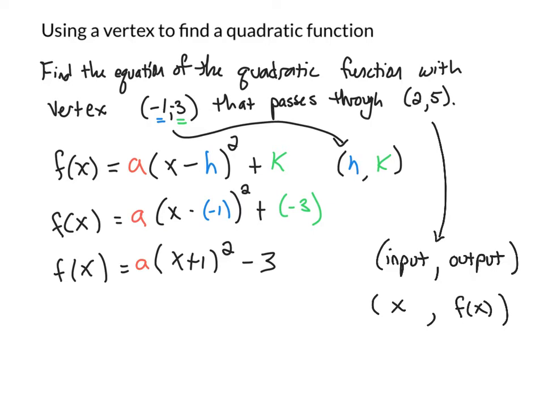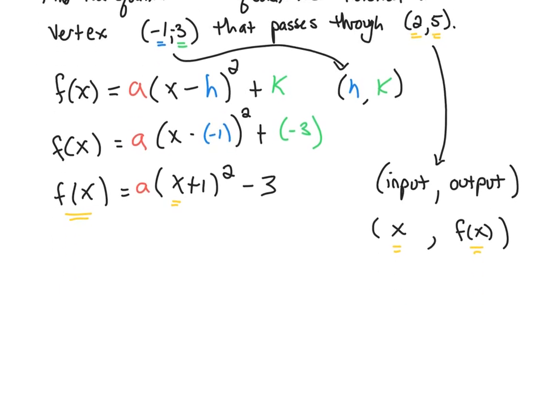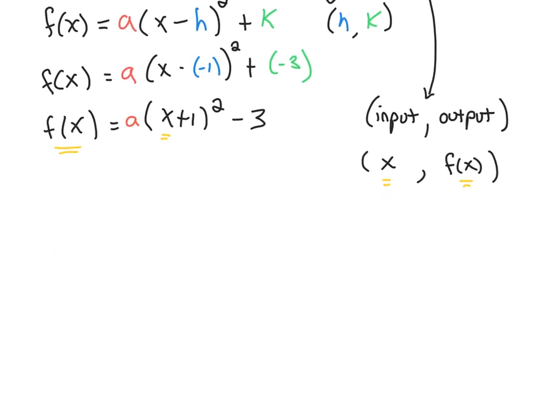Okay, so if I think about this, what I can do is plug in this 2, 5. So 2, 5 is really x, f of x. And so I can plug that in over here. So I can plug in my 2, 5 for x, f of x. Let's give ourselves a little bit more space here. So x, f of x.